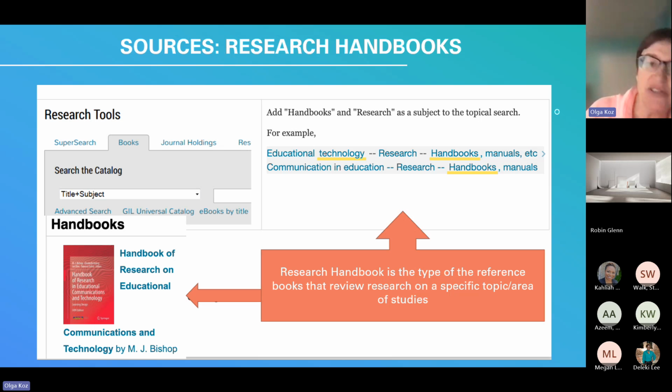So some abstracting and indexing services, or you call them databases, provide these summaries of research topics that have been examined recently, usually within 2 or 3 years, sometimes 5 years, in scholarly journals. So pay attention. We have access to Elsevier Topics and Sage Navigator. There are 2 databases that let you see the topics.